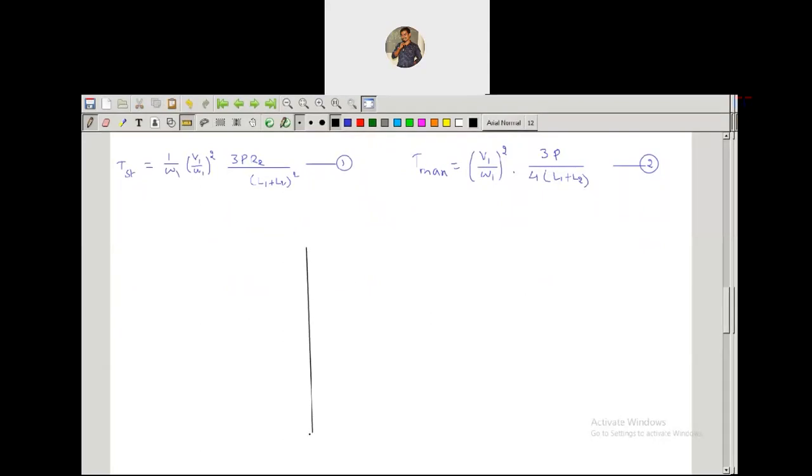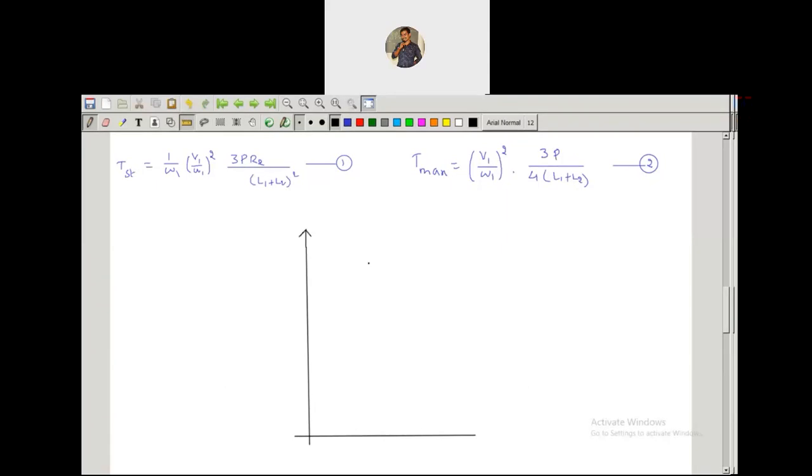So here I will take speed on the y-axis. You can take speed on the x-axis and torque on the y-axis, nothing to worry. In some textbooks they take speed on the x-axis, in others on the y-axis.